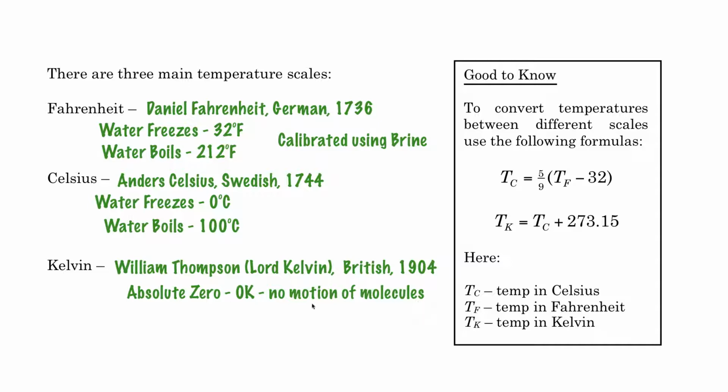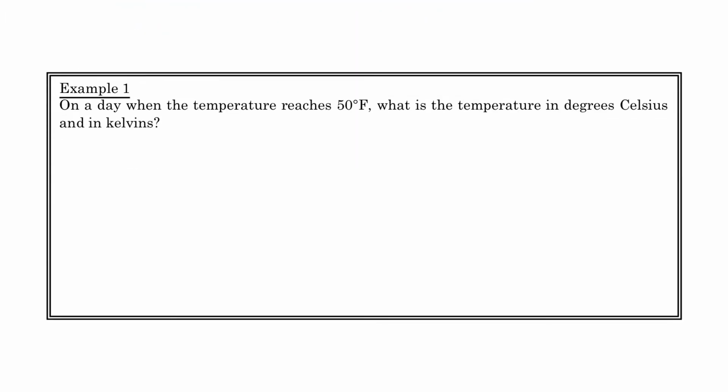So the kinetic energy of these molecules is 0, and that would be the lowest temperature you could get, and we call that 0 Kelvin. It turns out that 1 Kelvin is actually the same size as 1 degree Celsius, so we can flip very easily back and forth.